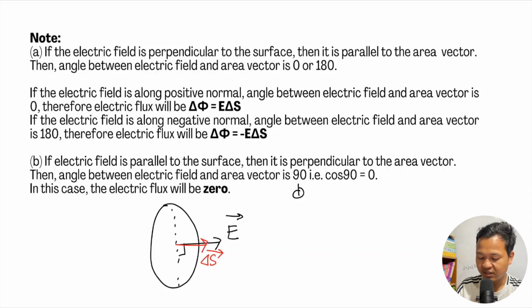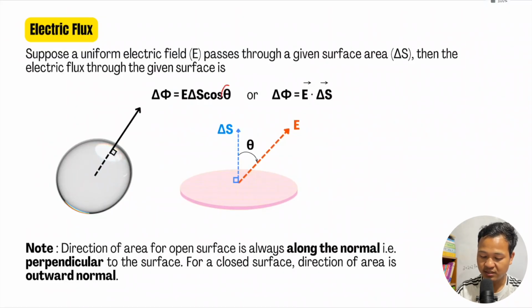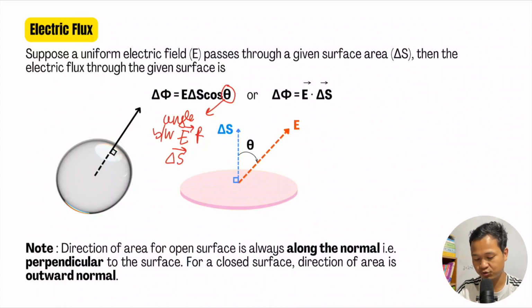For the flux formula, we have said that this is E dot ds, that is, E into delta s into cos theta, where theta is the angle between the E vector and the area vector. It's a dot product, so E dot ds is E s delta cos theta, where theta is the angle between E and s.